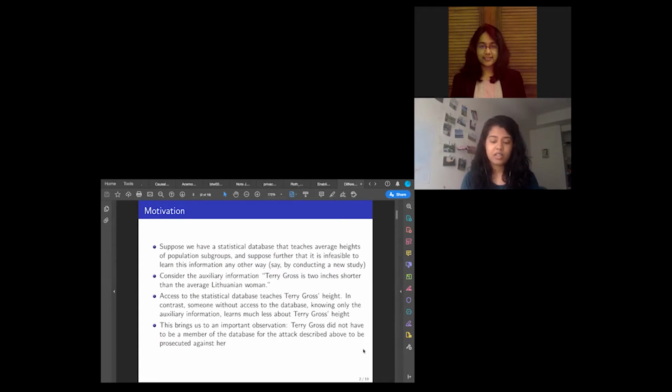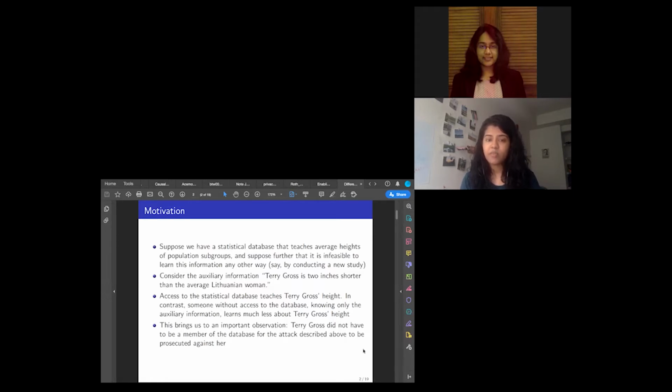And so then there is private information, and there's something called auxiliary information, which is hearsay. You just happen to know a few things which are not really captured by the database, or something that is revealed by the database. The auxiliary information in this scenario would be that Terry Gross is 2 inches shorter than the average Lithuanian woman. So access to the statistical database teaches Terry Gross's height.